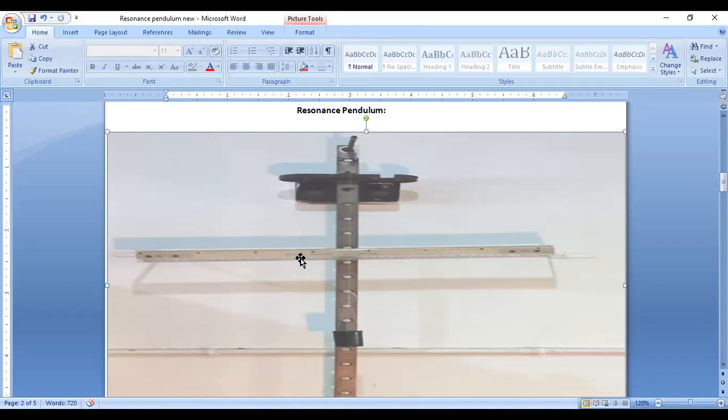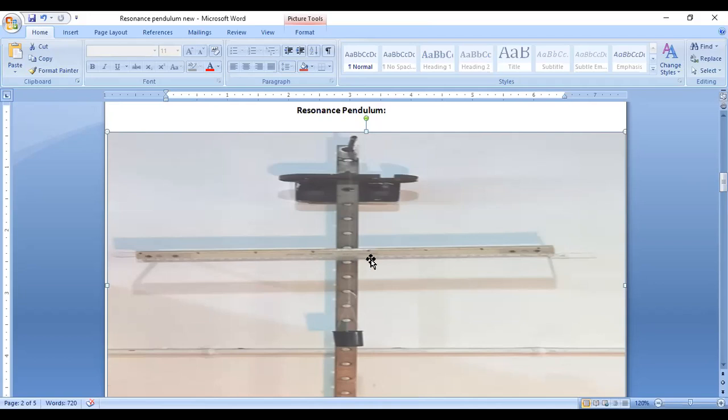This is known as the phenomenon of resonance. So in this experiment, we have to find out the length of the simple pendulum for which the amplitude is maximum. You can measure the amplitude on the scale.